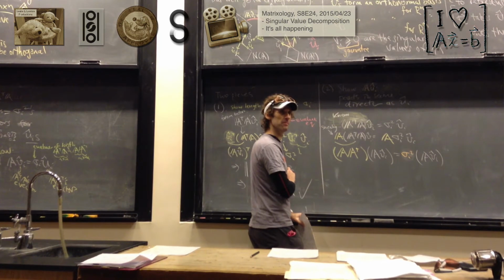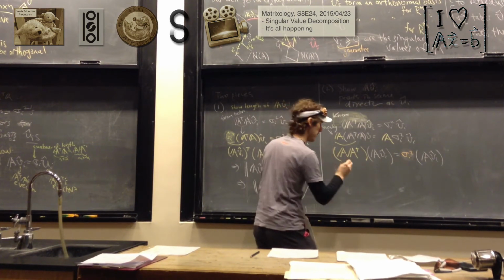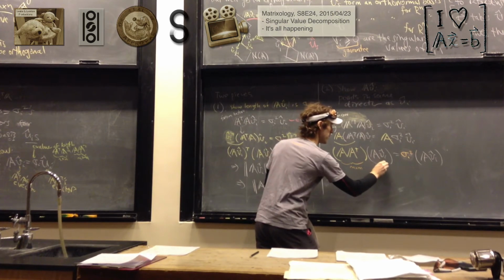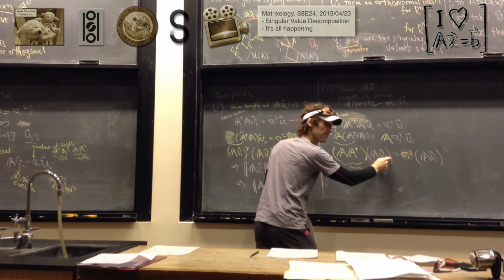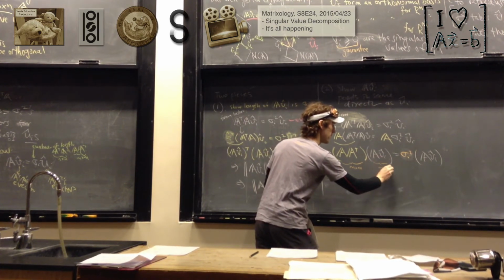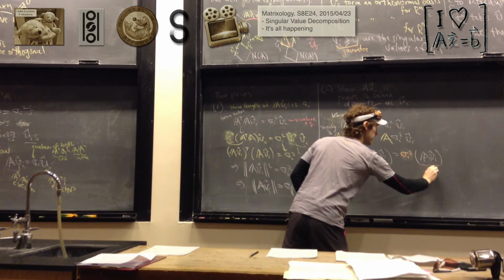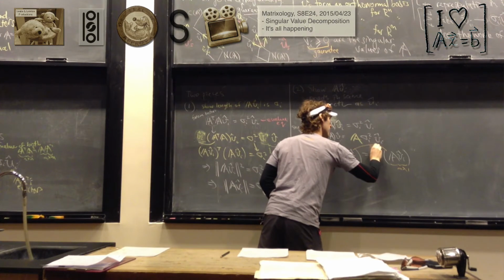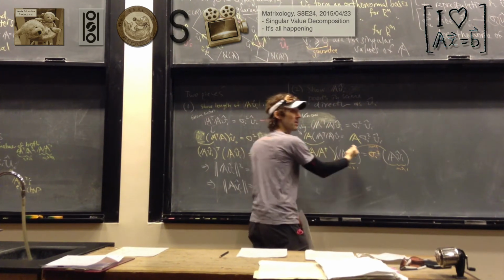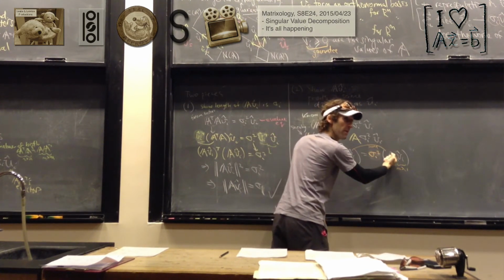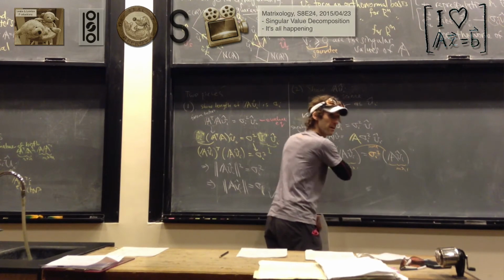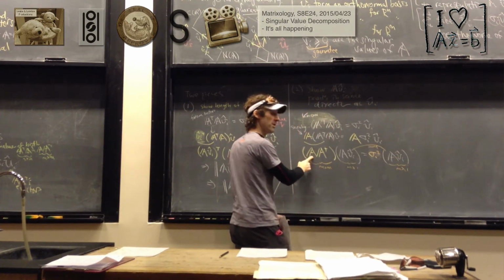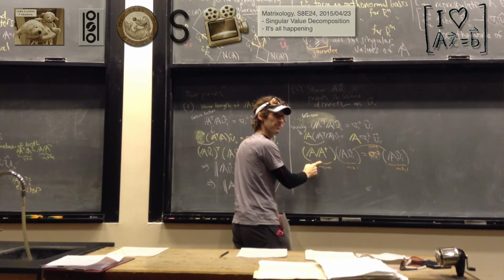Square, and it's m by m. This is n by n times an n by 1, so this is n by 1. And there's the same thing, so these are the same. Matrix times a vector equals a number times that vector. This is an eigenvalue equation, and it's an eigenvalue equation for A A transpose.